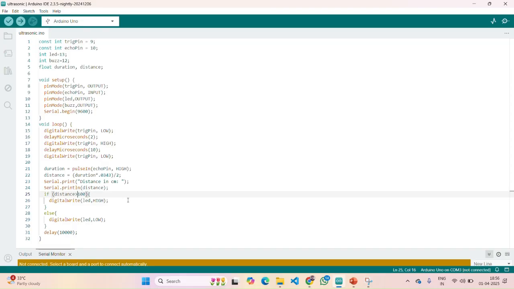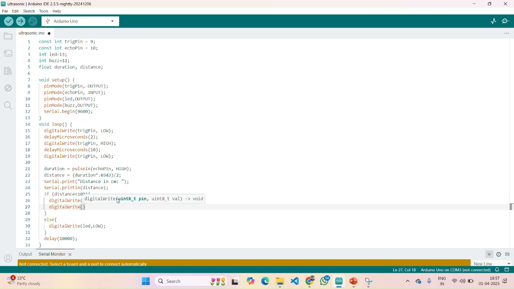Let me change this. If distance is less than 100, then you need to make the LED glow as well as the sound should also be high. Digital write, buzz, comma, high.